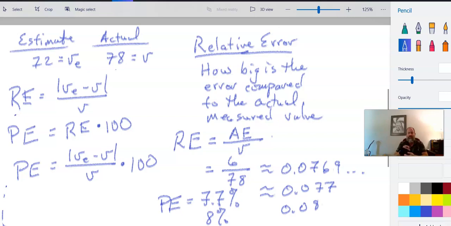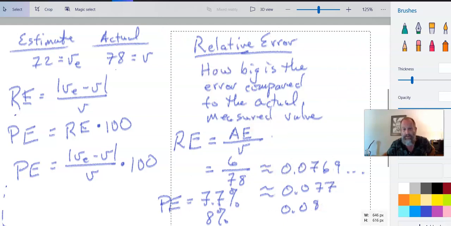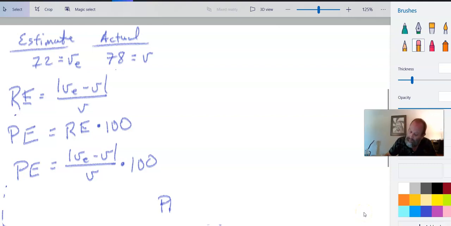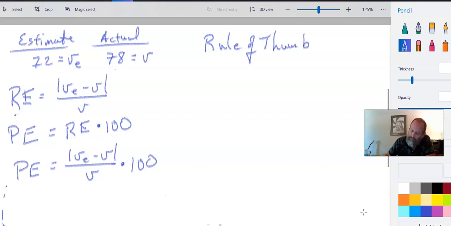Well, there's a rule of thumb for that. So here's the rule of thumb for telling if something is a good estimate.